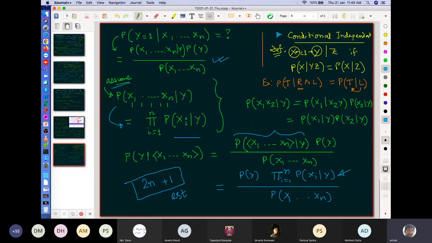It's an assumption, first of all, and it is very difficult to find all attributes that are not conditionally dependent. But assume a scenario where you have found it, then your computation of estimates will be significantly lesser. So with n equal to 10 to the power 6, 2 to the power n is totally meaningless, whereas 2 into 10 to the power 6 plus 1 is very admissible in the number of computations. So you have a meaningful computational algorithm to estimate or to train a Bayes classifier.